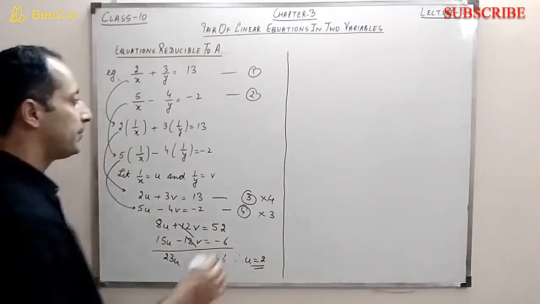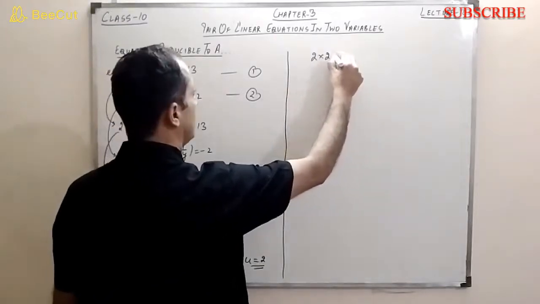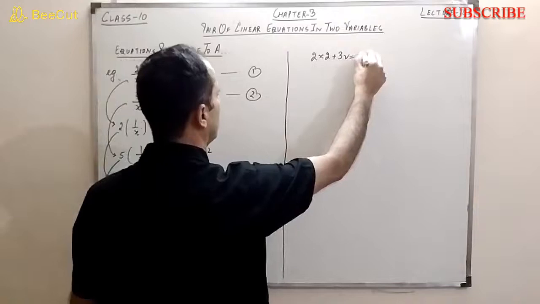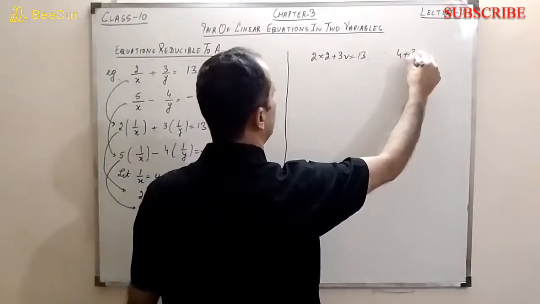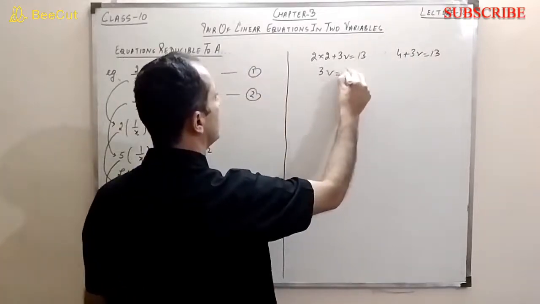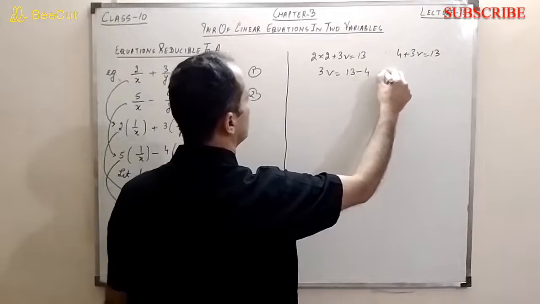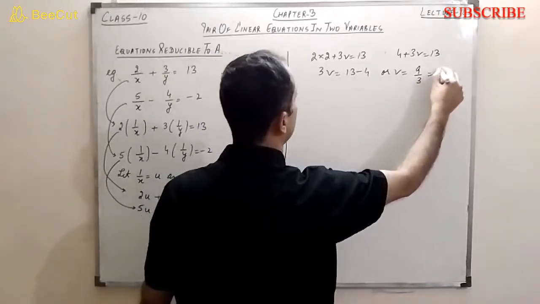So when I put it in, I get 2 into 2 plus 3v equal to 13. So therefore, 4 plus 3v equals 13, or we can say 3v is equal to 13 minus 4, and v is equal to 9 by 3, that is 3.